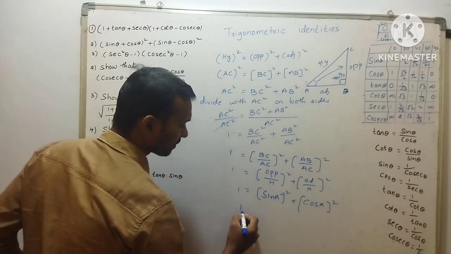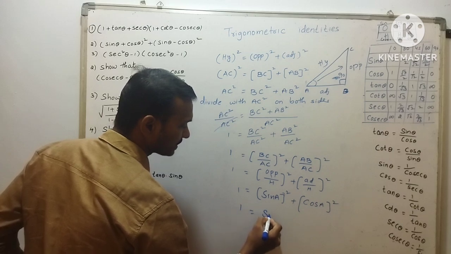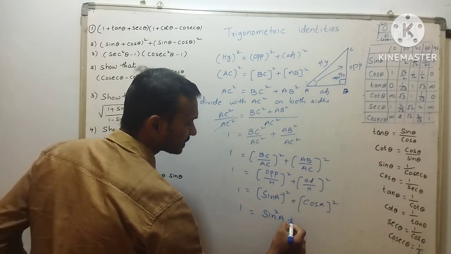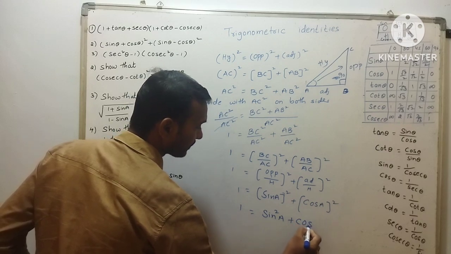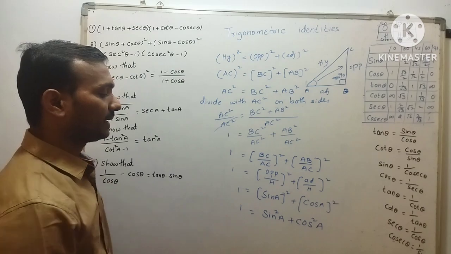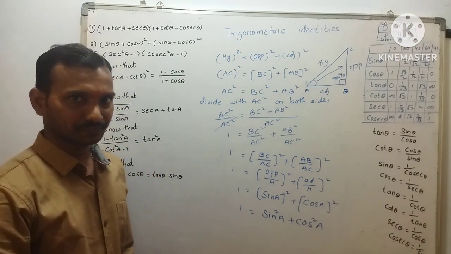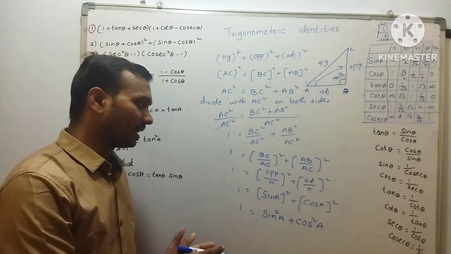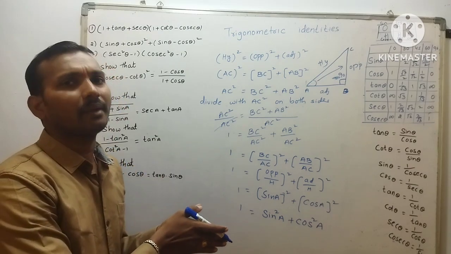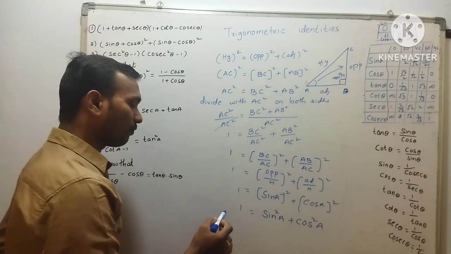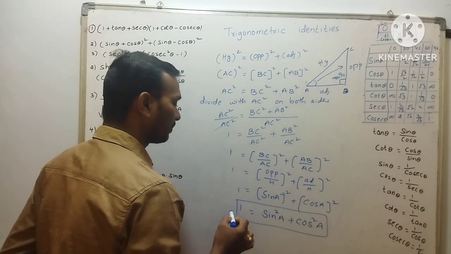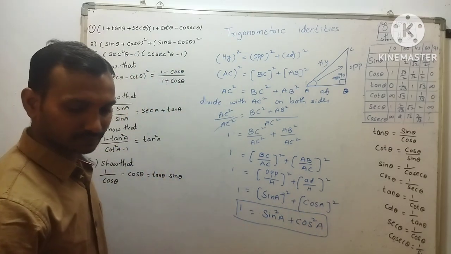So that is sine square A plus cos square A equals 1. This is trigonometric identity number 1, that is sin square theta plus cos square theta equal to 1, or sin square A plus cos square A is equal to 1. We are going to use this in our upcoming problems.